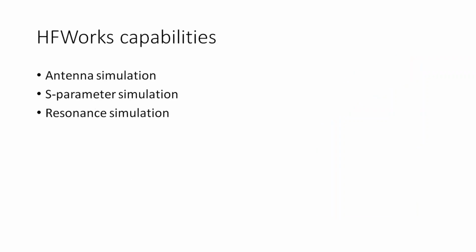Now, when you look at the HFWorks capability, we mainly focus on three specific types of simulation. Antennas form a great category of products that are designed today in the RF and microwave world. We'll have future webinars dedicated to antenna simulation, but HFWorks can do antenna simulation.